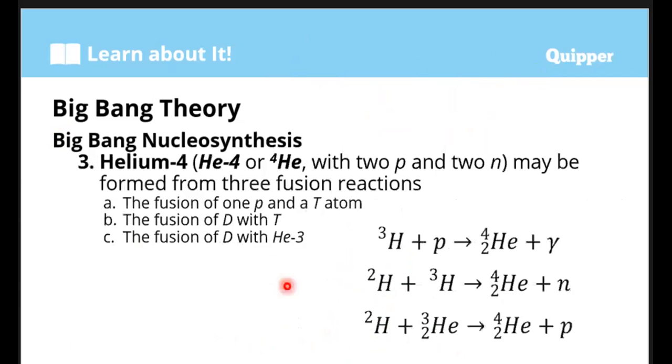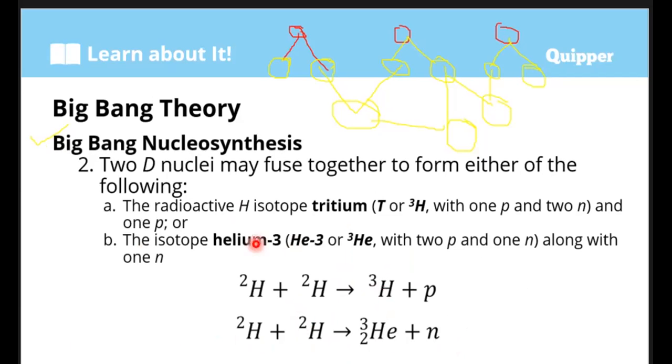Then from helium, another possibility, when the two deuteriums are combined, is that it might have a product of helium.